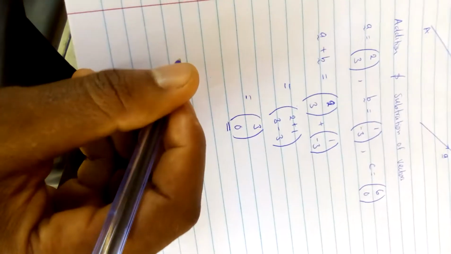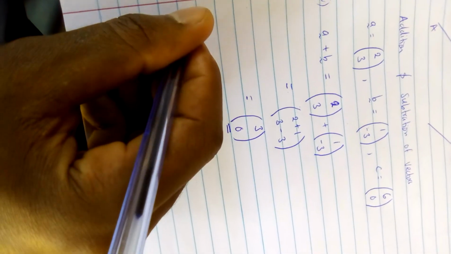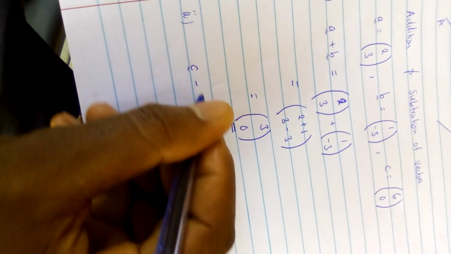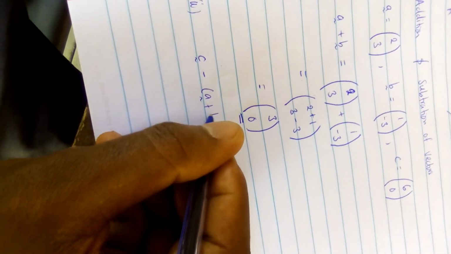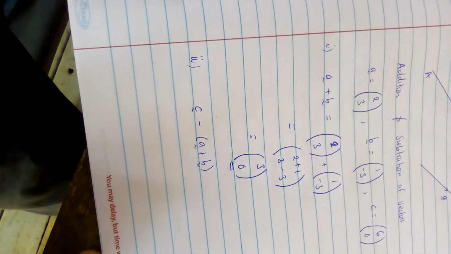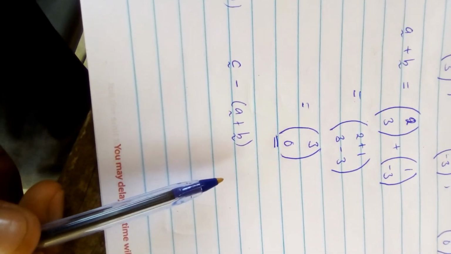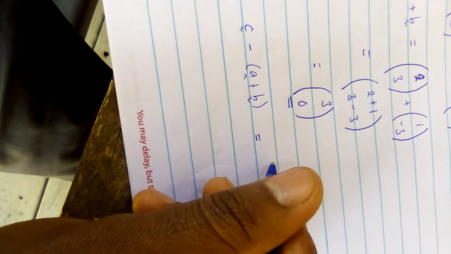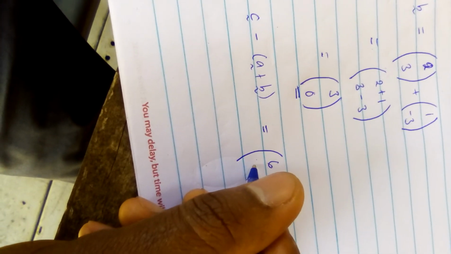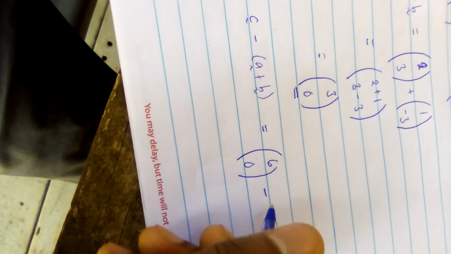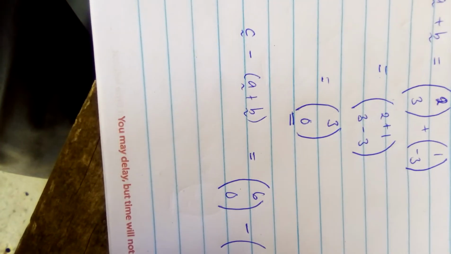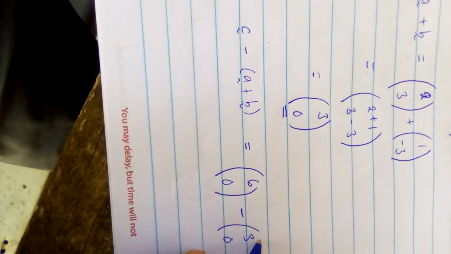Then assume I was also asked, in part two, vector C minus the bracket A plus B. I've already calculated A plus B, so this will equal vector C, which is (6, 0), minus A plus B, which I've calculated as (3, 0).